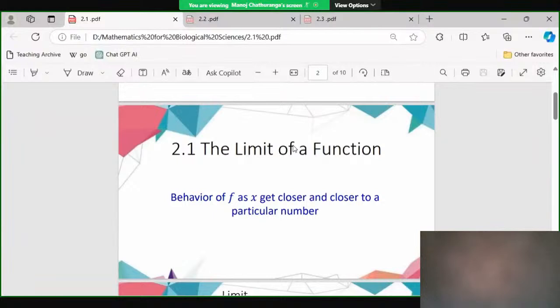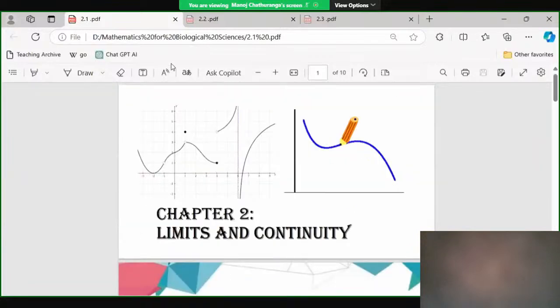So sometimes this two-sided limit exists and sometimes it does not. And sometimes we can get infinity or minus infinity as the limit. Yeah, so that is roughly intuitively what we mean by the limit of a function.